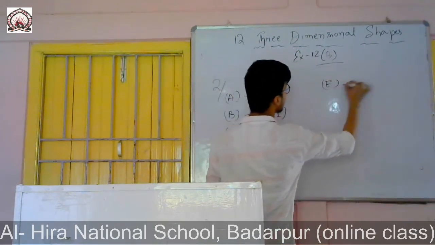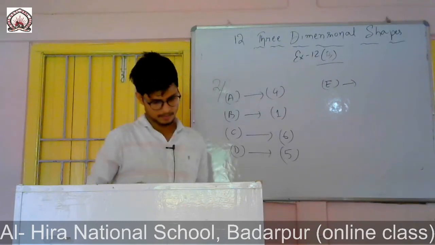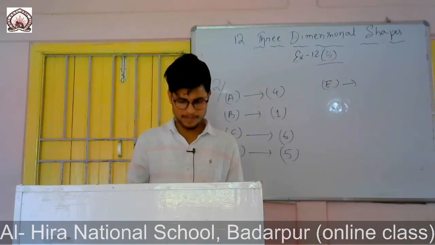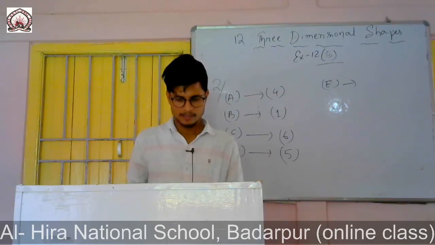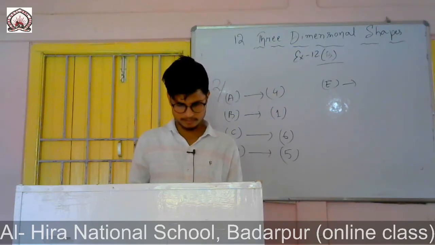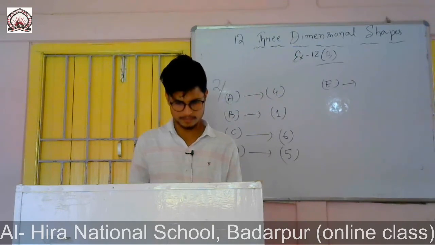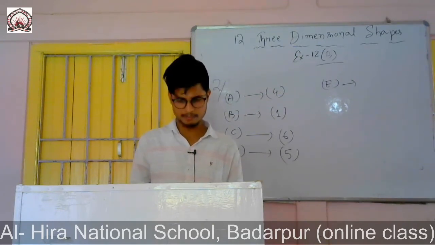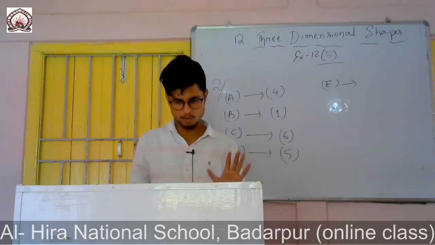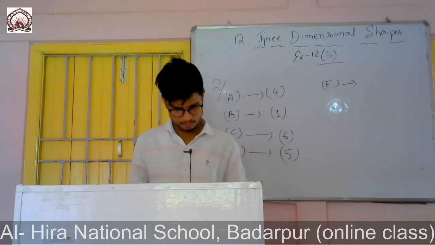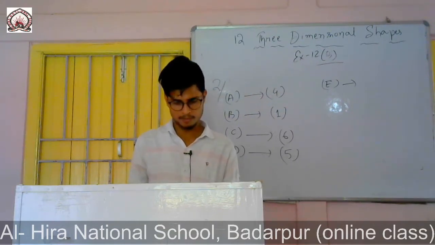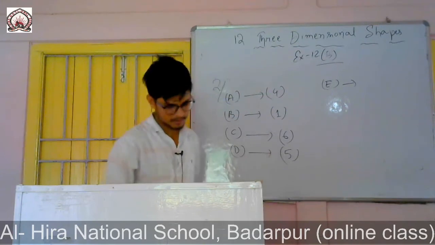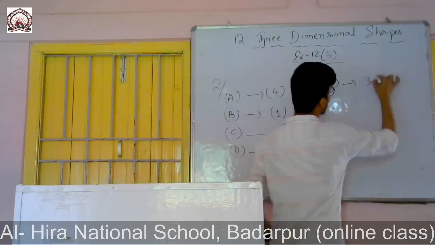Then E, you see square pyramid is given. A square pyramid will have 1 square and 4 triangles. Which one do you see? Only in case of 3 you see 1 square and 4 triangles, so E answer is 3.